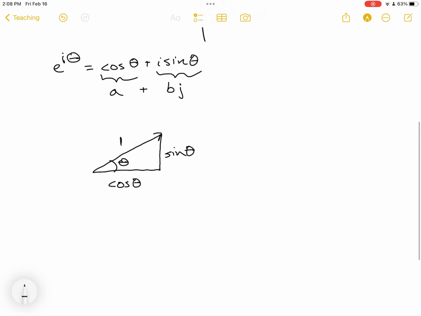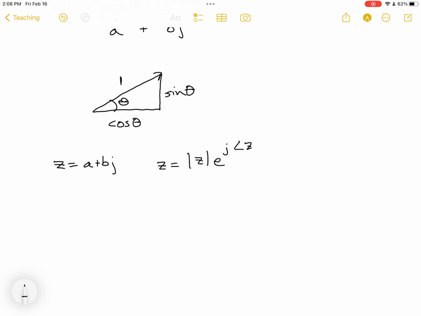And so another way that we can represent z = a + b times j is what's called a magnitude-phase form. z equals some magnitude times e to the j times the phase of z, or an angle.